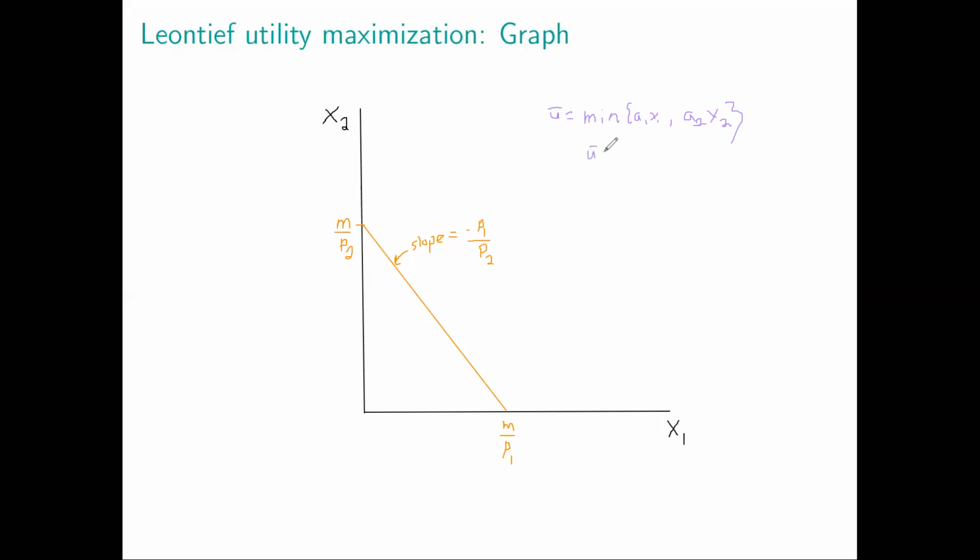So we have u bar equals a1 x1 equals a2 times x2. This is going to be how we find the corner of the indifference curve.